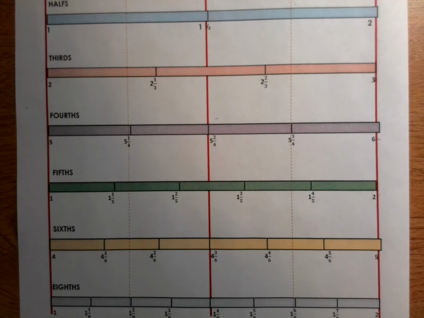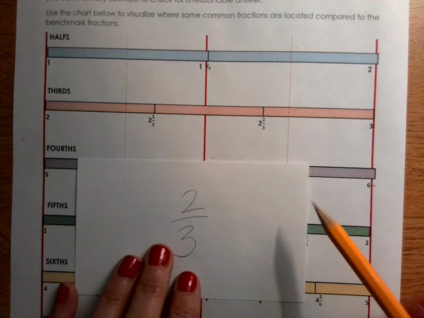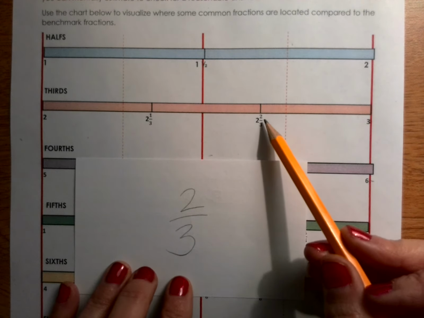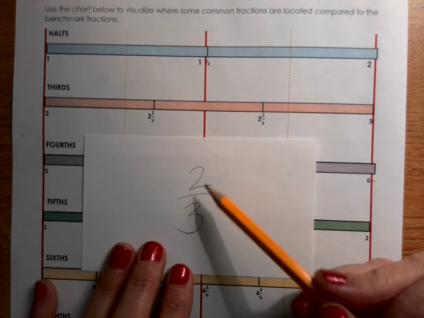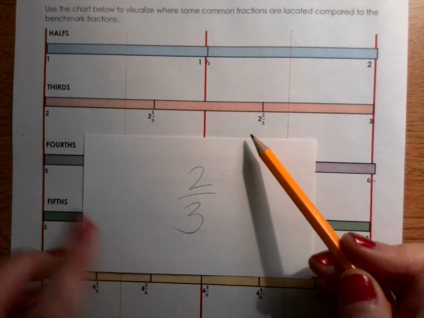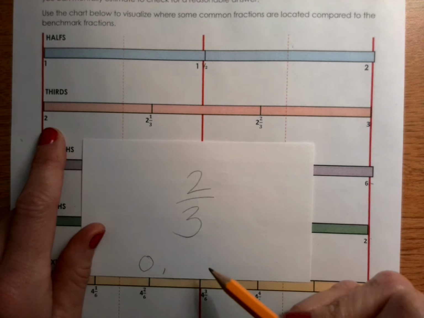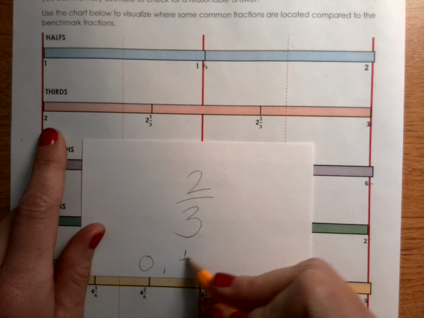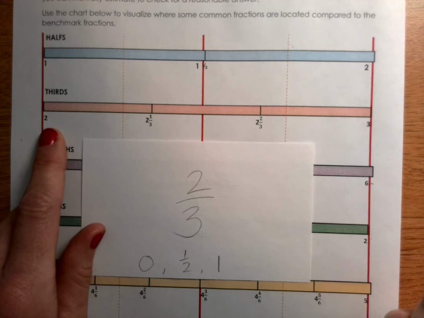Benchmark 4. What about 2/3? So 2/3 is here. Now, what's interesting here is our options based on what fraction we have. We don't have a whole number. So our smallest whole is a 0, or a half, or our next largest whole, which is a 1.